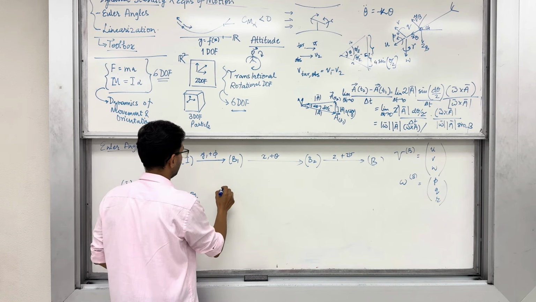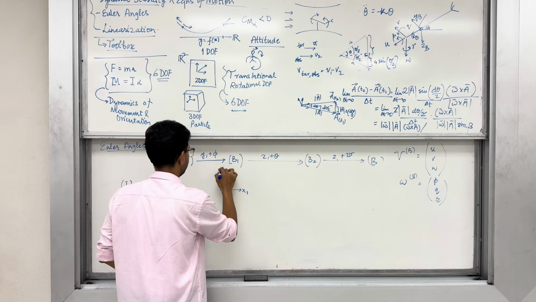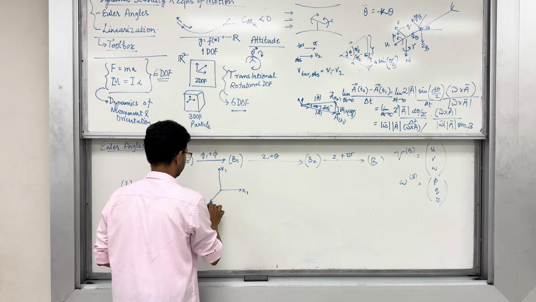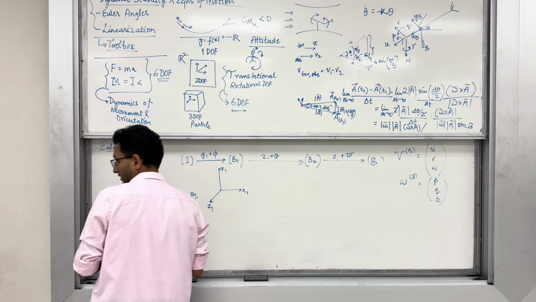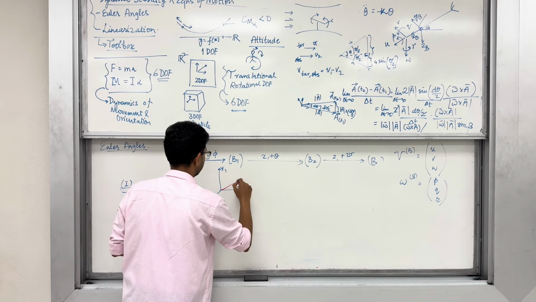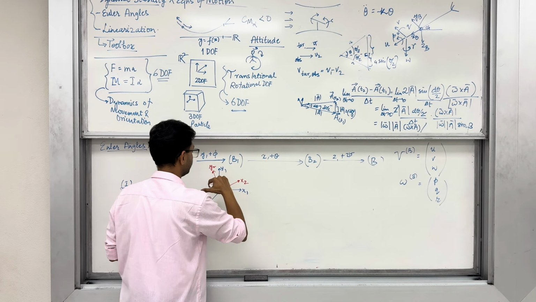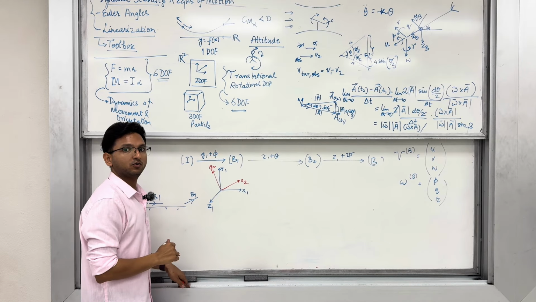So, let us take a 2D world. This is x1, this is y1 and obviously, this is z1, and then I rotate this to get x2, y2 about z1. So, where is my z2 going to be?